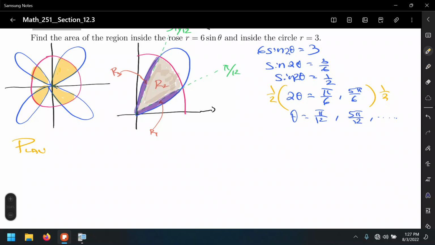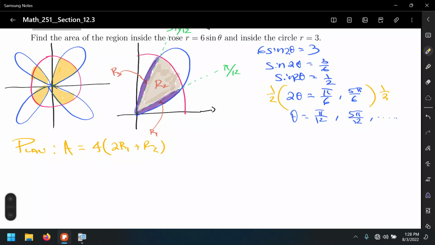To find the total area, we should multiply 4 times whatever area is described by one of the shaded regions, which at the same time is going to be 2 times the region 1, because these two in purple are the same, plus R2. All right. Let's set up the integrals first, and from there, let's see.